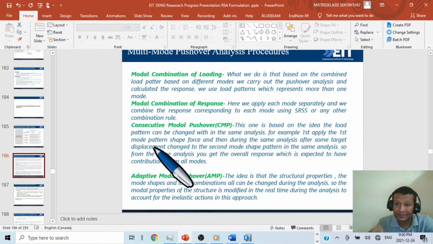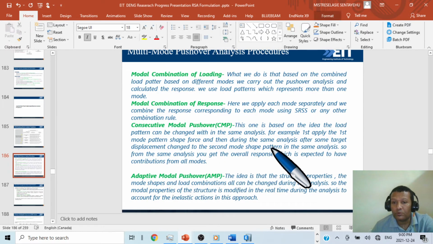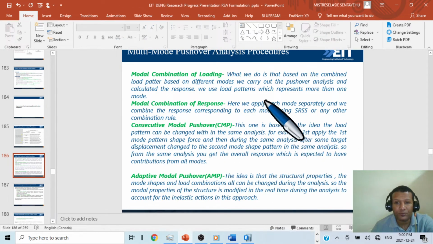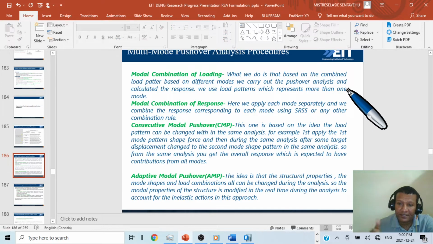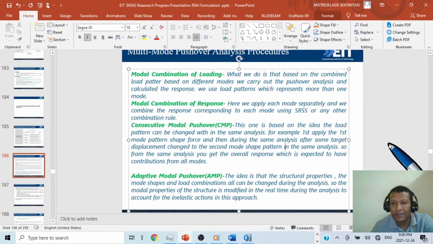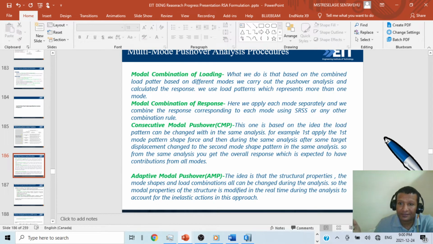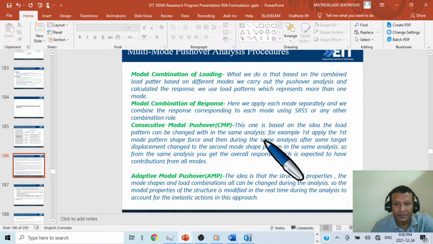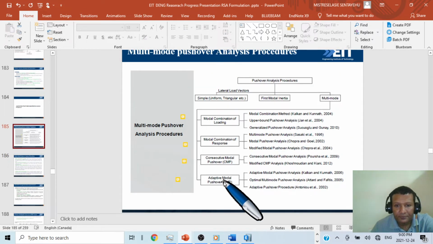So from the same analysis you get the overall response, which is expected to include the contribution from all modes. The difference is this: earlier we applied the modes separately and took the SRSS of the results, but here we apply the modes in the same analysis, at the end of the day.